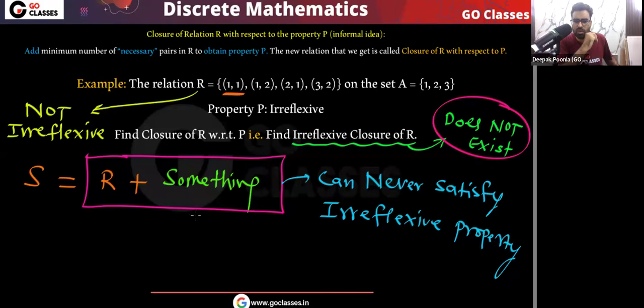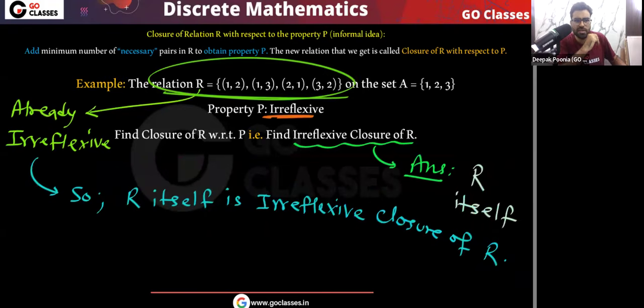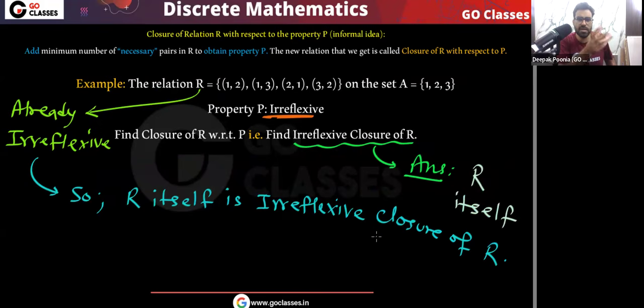That is also not true, because here for this relation, irreflexive closure exists. So what is the correct statement? Irreflexive closure may or may not exist. For some relations, irreflexive closure exists. For some relations, irreflexive closure does not exist.